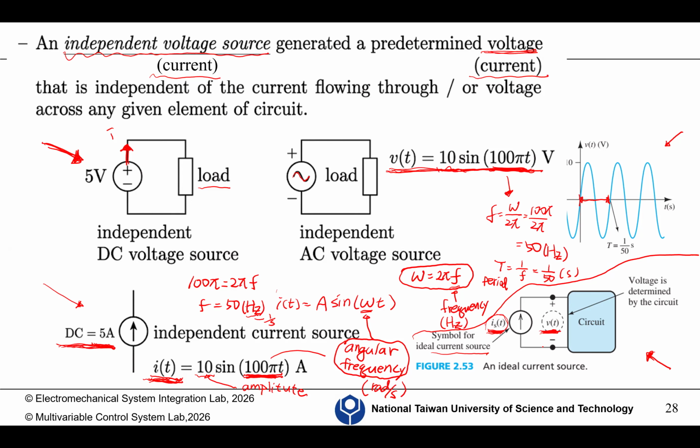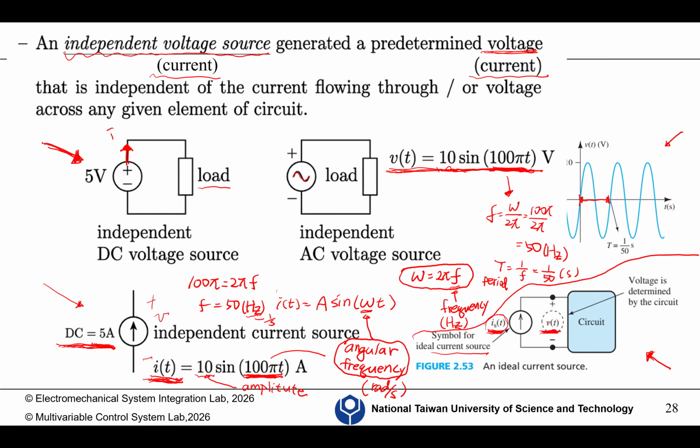We will talk more about AC analysis in the following chapter. Not right now, but right now you just need to know that even a current source still has voltage across it. So we have voltage across this DC current source, and we still have voltage across the AC current source.